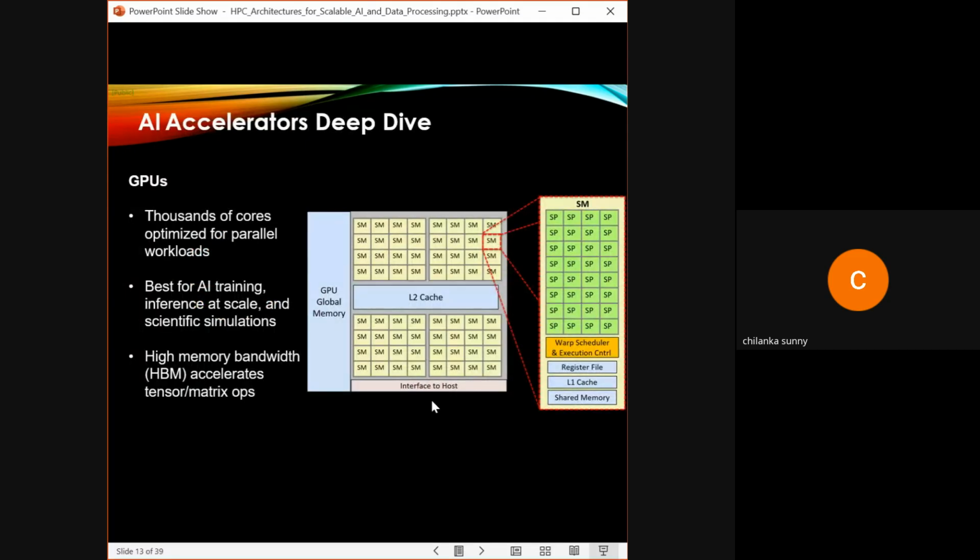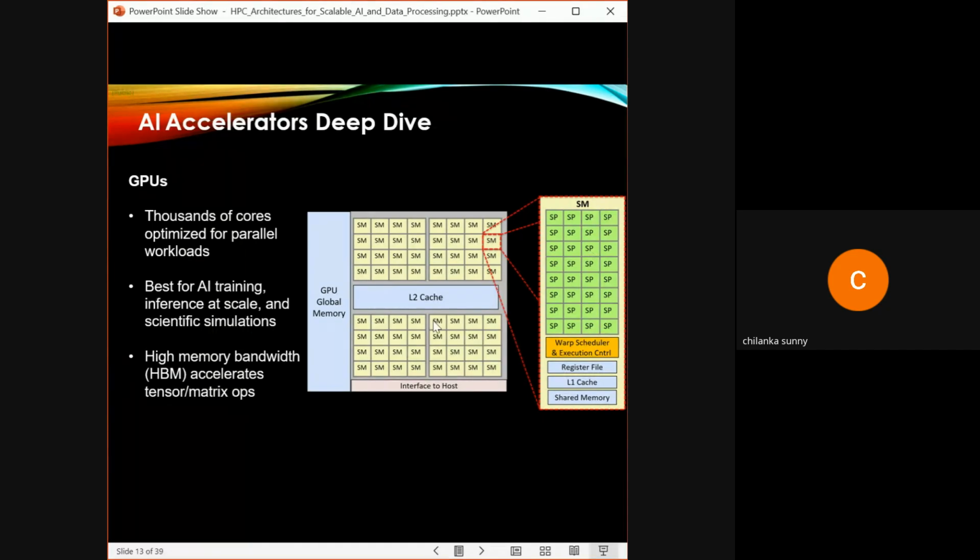In this deep dive, we'll cover the main AI accelerators: GPUs for mainstream training and inference, FPGAs for reconfigurable workloads, CGRAs for a balance of flexibility and efficiency, and ASICs like Google TPU for maximum performance per watt. First, let's see the GPU.